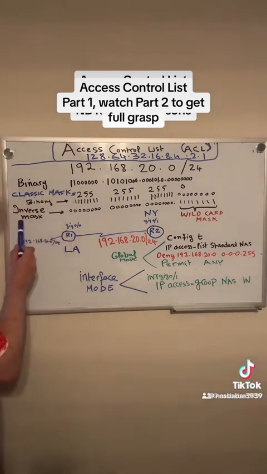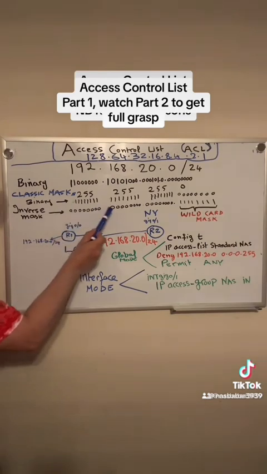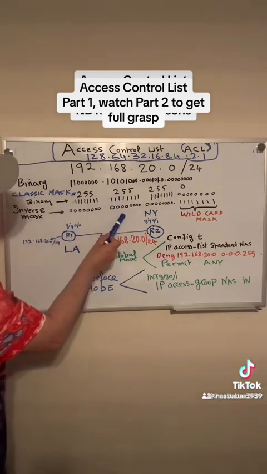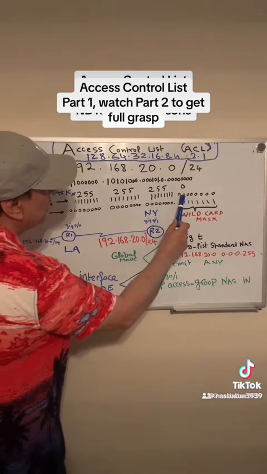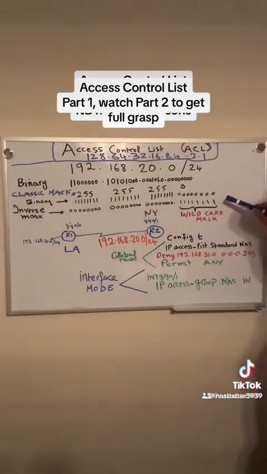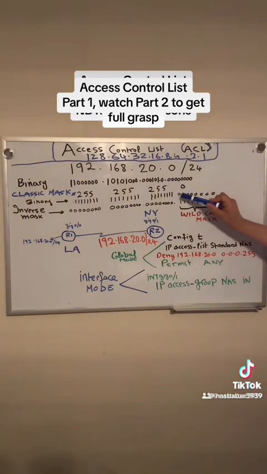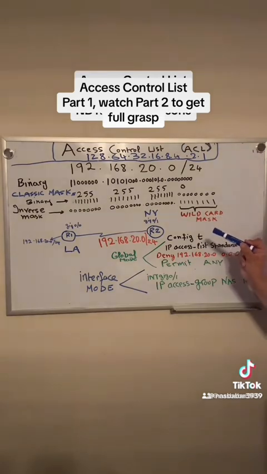For the inverse mask, I change all the ones into zeros for the first octet, all the ones into zeros for the second octet, all the ones into zeros for the third octet, and for the last one I turn all the zeros into ones, because the inverse of all ones is all zeros and the inverse of all zeros is all ones. That is also known as the wildcard mask, my friends.